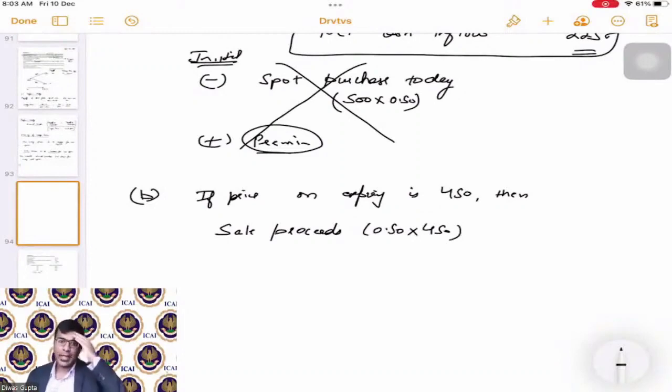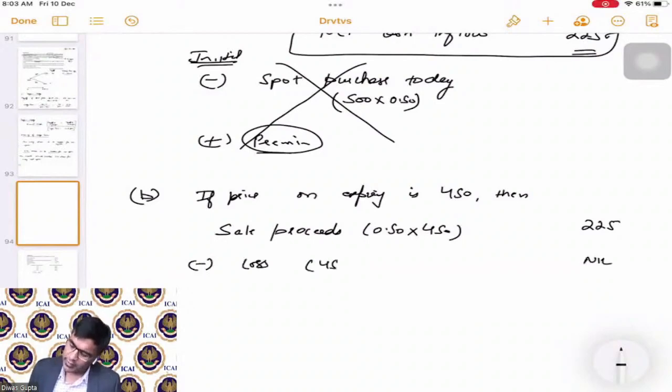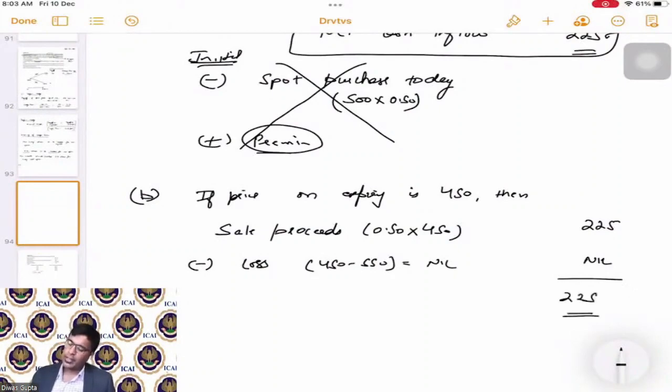This is what the sale proceeds is. This is going to be 225 minus loss, which is nil, because 450 minus 550 is equal to nil, correct? There is no loss, there is no gain. So ultimately, it's 225 only.